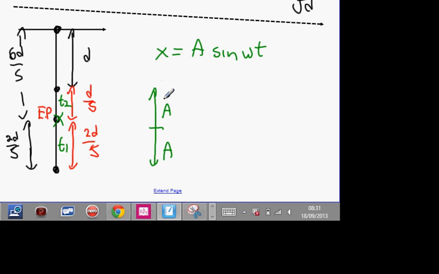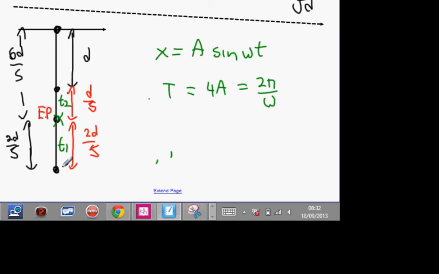To complete one full cycle contains 4 amplitudes. So the period, the time taken to do 4 amplitudes, is 2 pi over omega. Okay? So what we need to do is find out what d over 4 is.